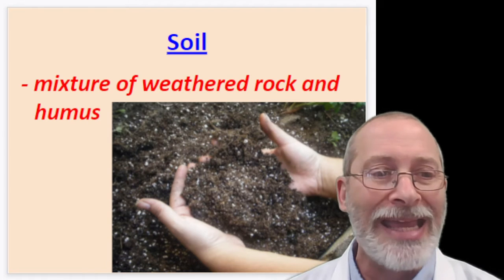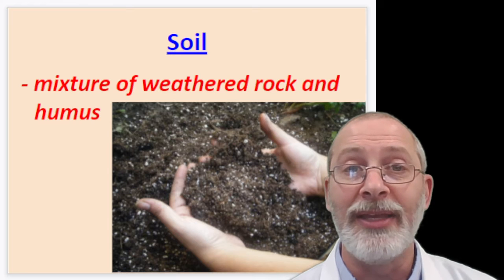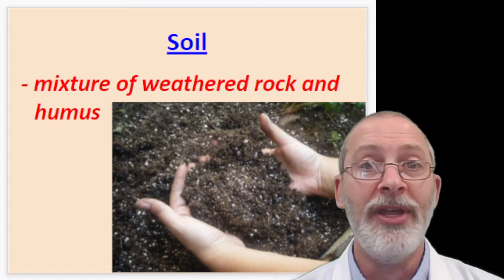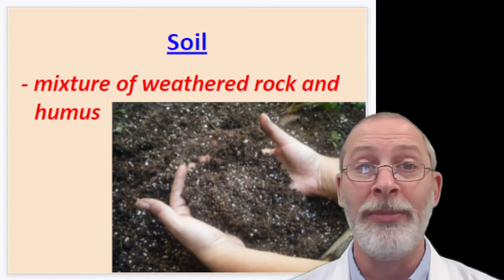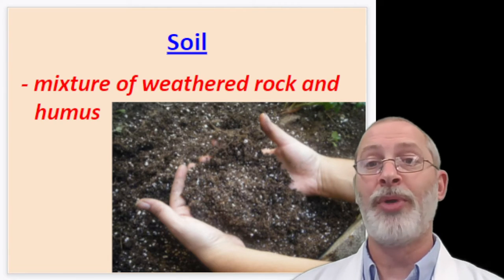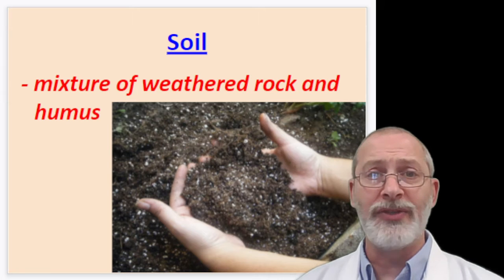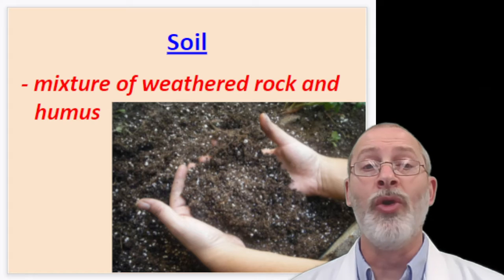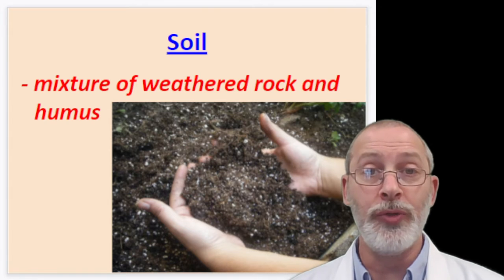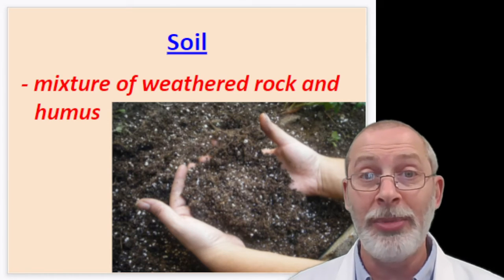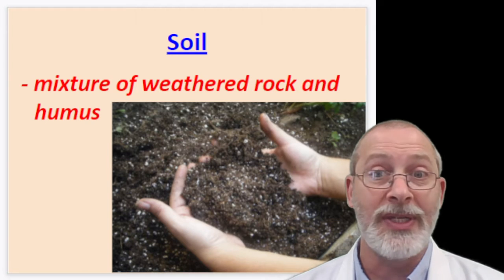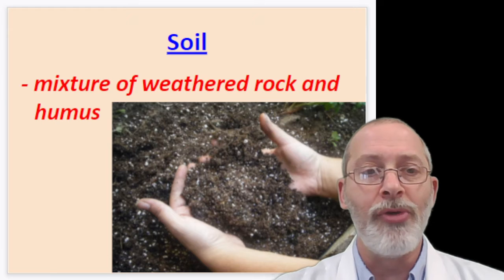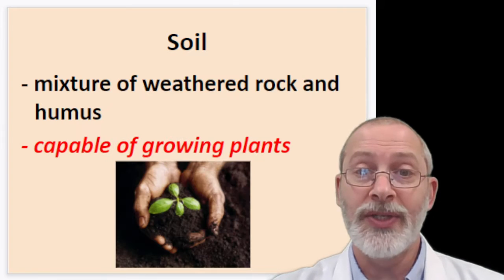Humus is that organic material that exists from the decomposition of plant matter and animal material, and that decomposed organic material adds very important nutrients to the weathered rock in order for soil to be classified as soil and be able to grow plants in it. So soil, a mixture of weathered rock and humus.